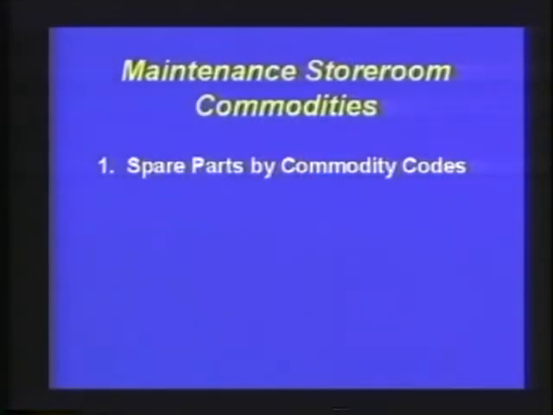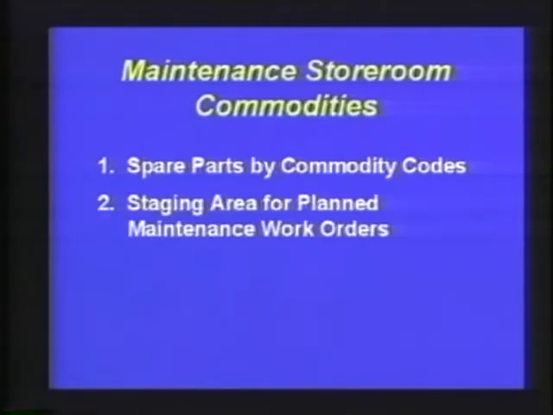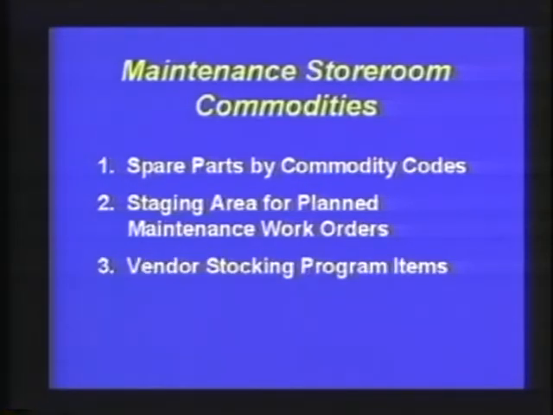Starting off with 1, we would have all of the spare parts by commodity. And again, the commodity is the first field of the part number. Secondly, we need a staging area for planned maintenance work orders. We also, in item 3, would need a vendor stocking program area.